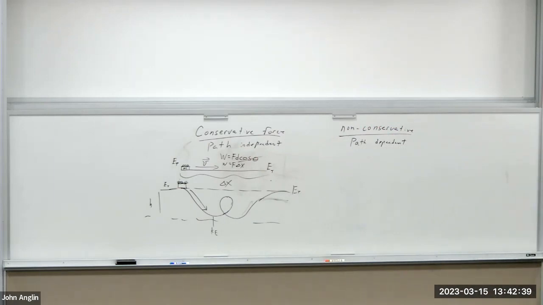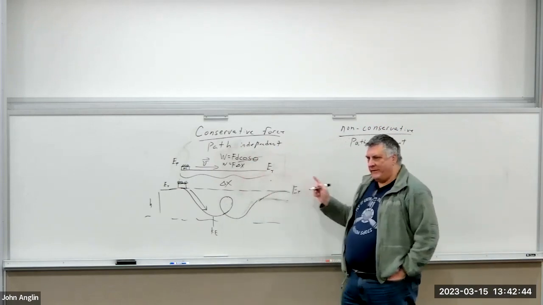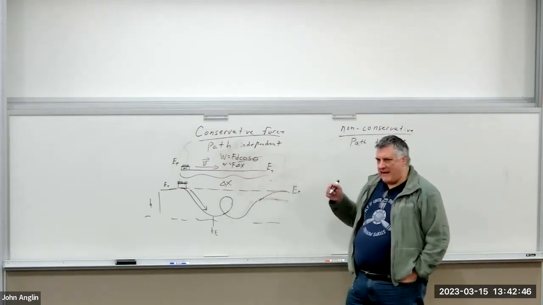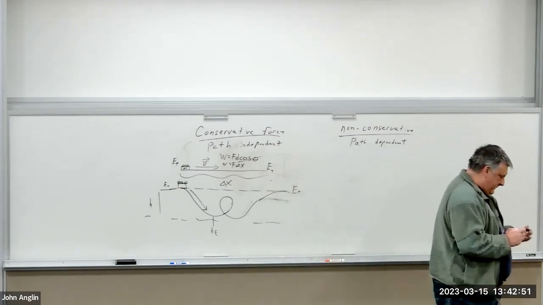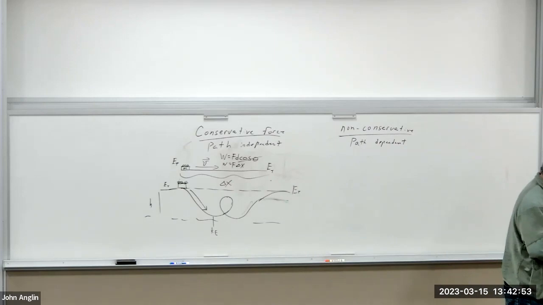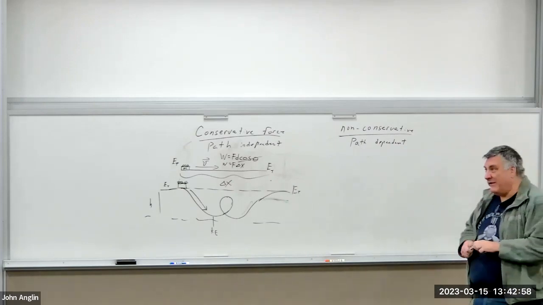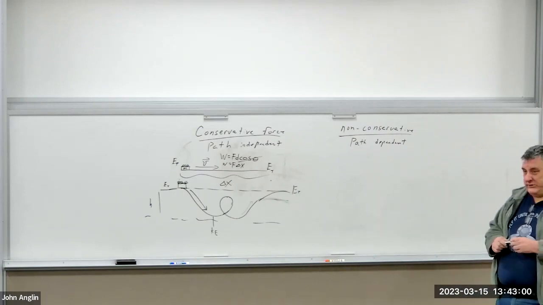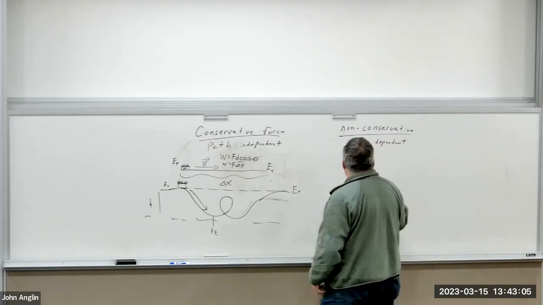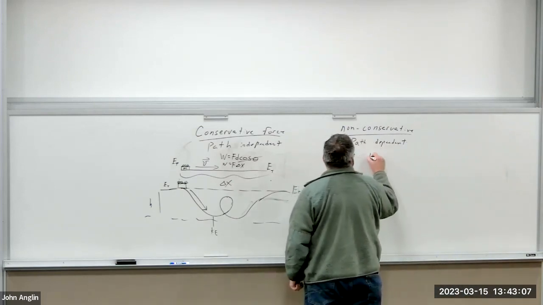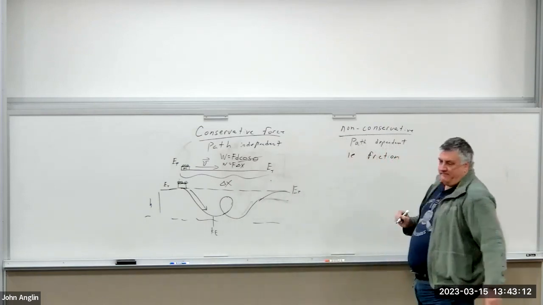In other words, the longer that you do this, right, the longer path you take, the more energy is going to be required. Non-conservative forces in physics generally are things that remove energy from the system. So an example of a non-conservative force is friction.